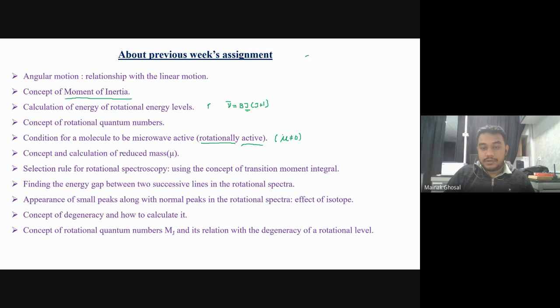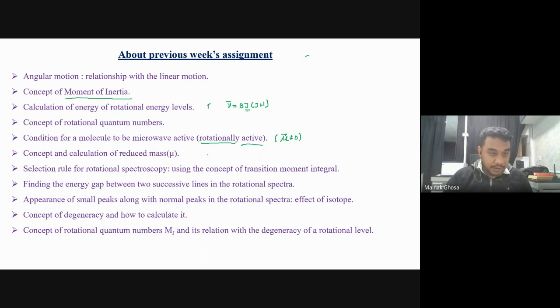For this it was also said that homonuclear diatomic molecules like H2, N2, they don't have a permanent dipole moment. But HCl and other heteronuclear diatomic molecules have a permanent dipole moment, so they show microwave activity.